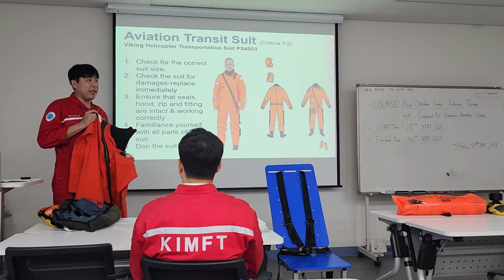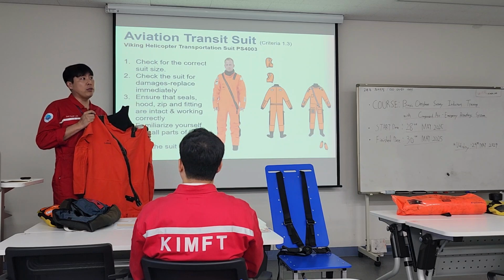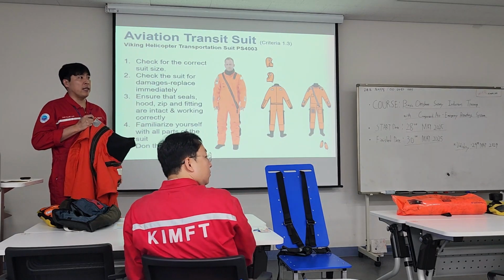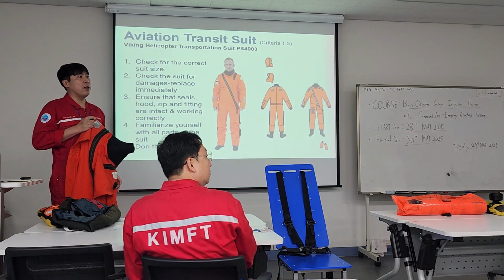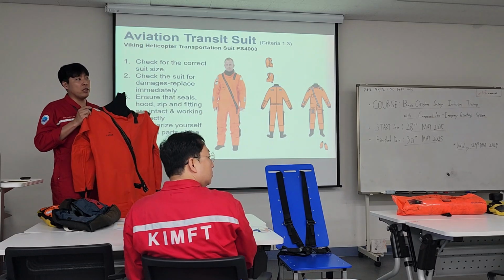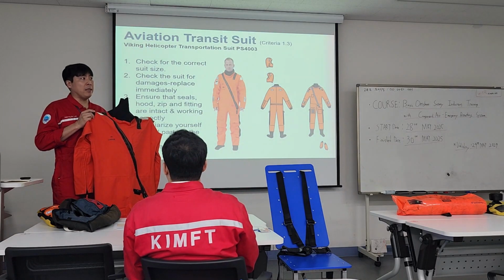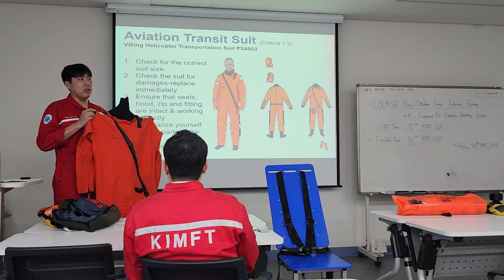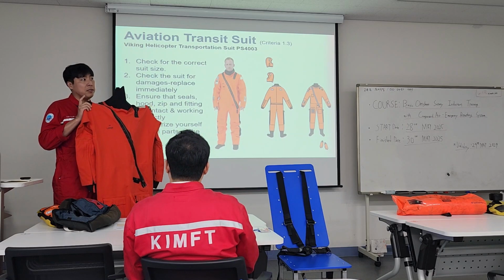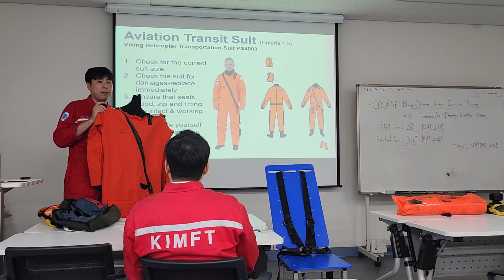This is almost the same as the aviation suit. On the right side, maritime, there is a different type of suit, the maritime escape suit, the emergency suit. We call this the aviation suit. They're almost the same. Both suits are made of Gore-Tex material, but a little bit different is that this aviation suit has an air valve.